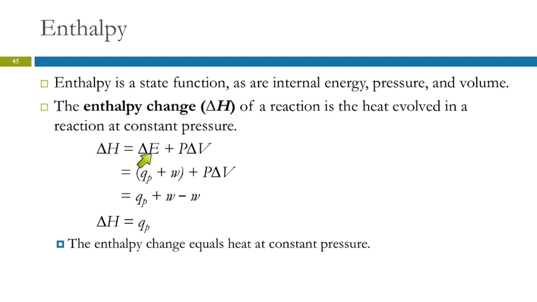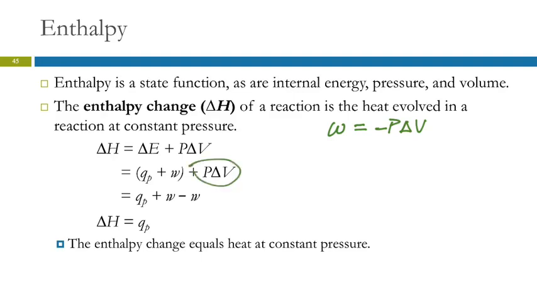So H was E plus PV. Delta H is delta E plus P delta V. It's not delta P because the pressure is constant. The change in energy is Q plus W. Q at constant pressure plus W. P delta V, that looks like work. Work is negative P delta V. That's that pressure-volume work.